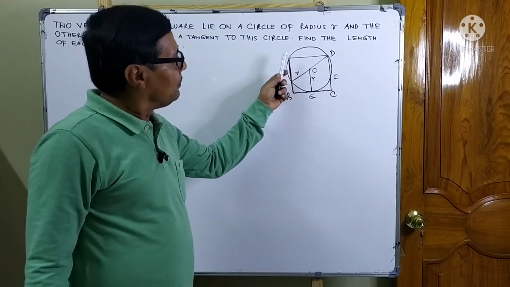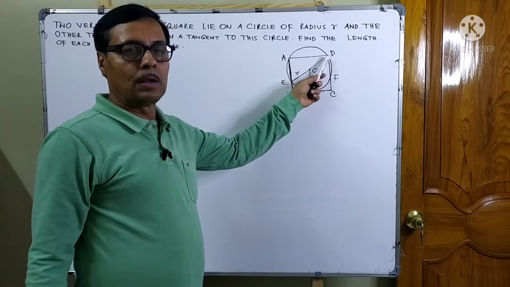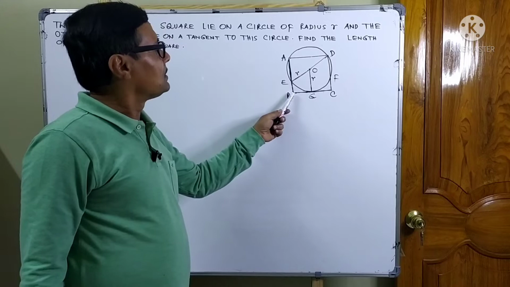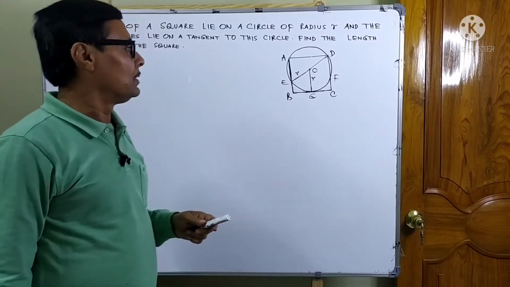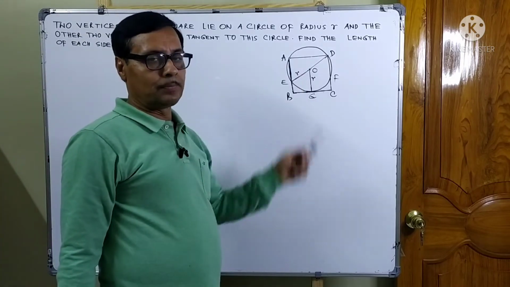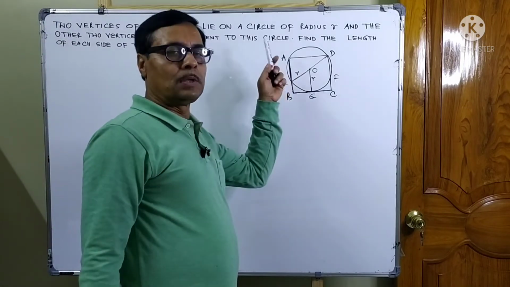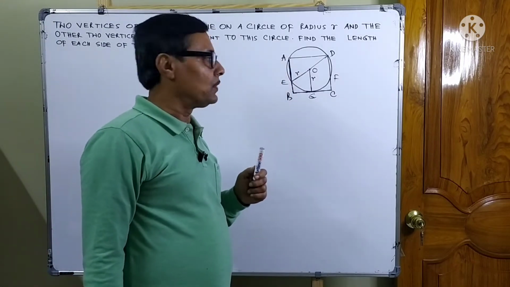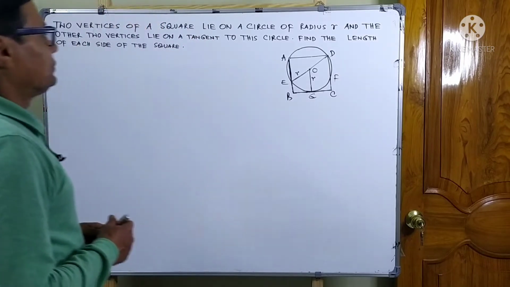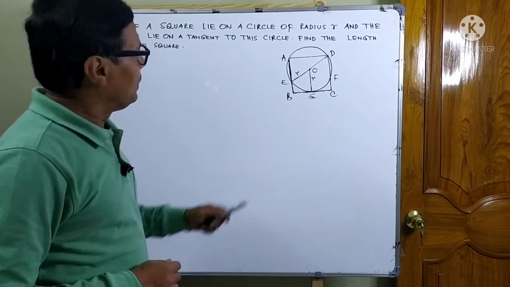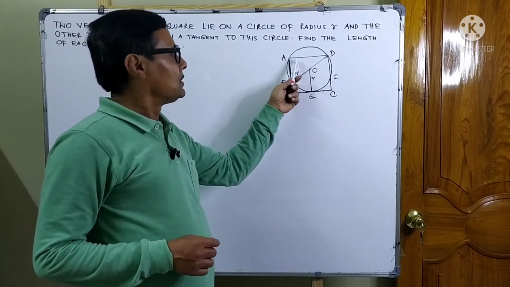Two vertices A and D lie on this circle and other two vertices B and C lie on the tangent to this circle. Now, we have to determine the length of each side of the square in terms of r. Here you can notice that a right angle triangle is formed, which is EAD.